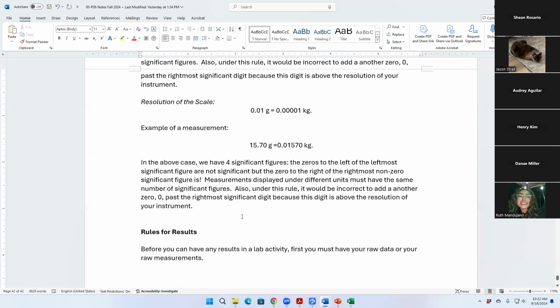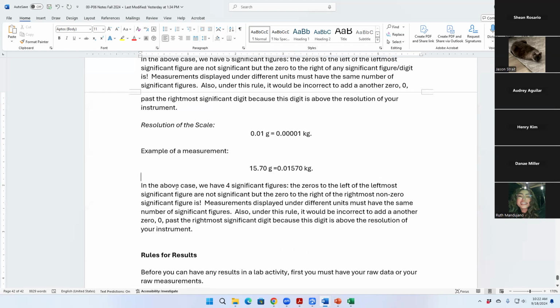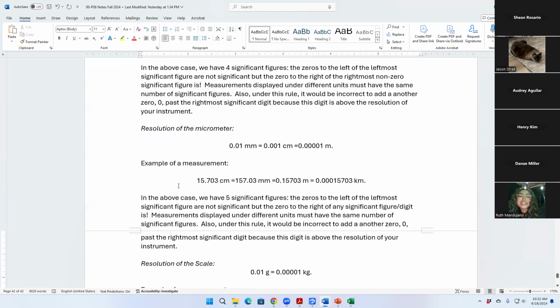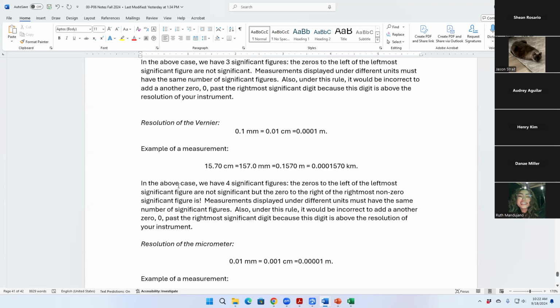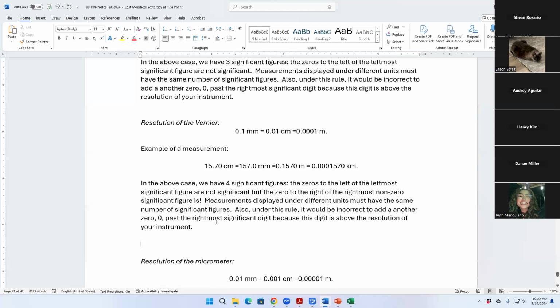By the way, before we move to rules of results, I'm going to talk about another way of displaying those significant digits, okay? We can also display these significant digits in scientific format.